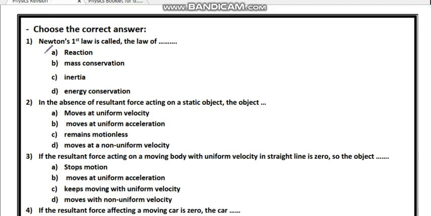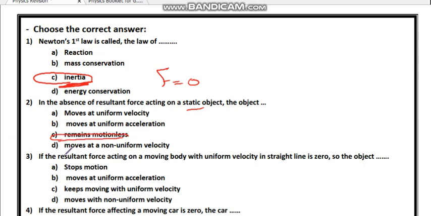Now we will choose the correct answer. Newton's first law is called the law of, as we remember, inertia. In the absence of a resultant force acting on a static object, if the resultant force acting on it is absent or equals zero, the body will remain motionless if it is already static.